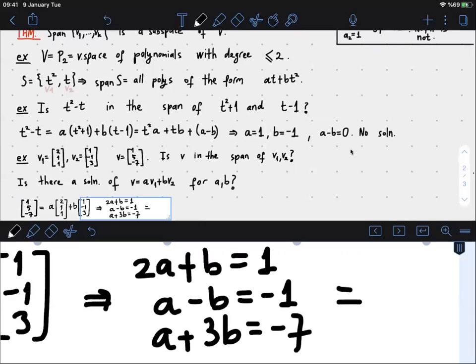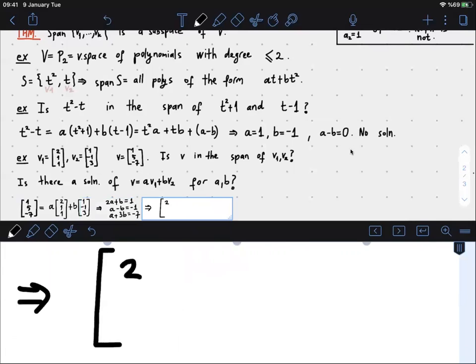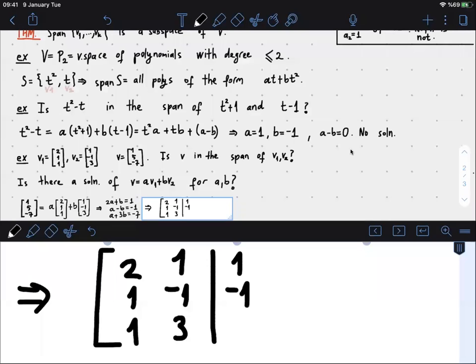So I can convert this into this form. This is a linear system, so I can always convert it into augmented form and work with it. If I can show that this system has a solution, then I'm done.